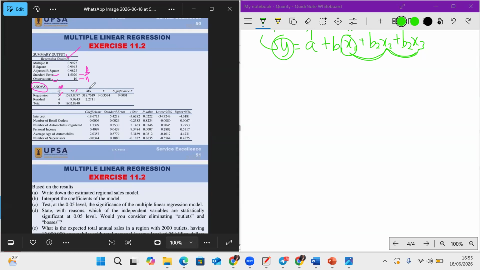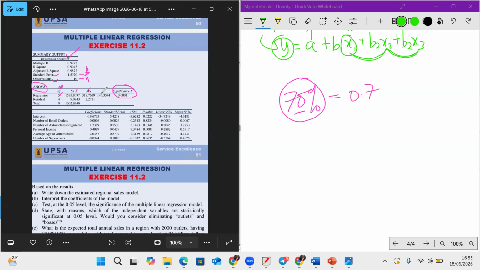Then we have SS, MS, F, and significance F. This significance F is the probability of F. When I write 70%, which is a percentage, what is the probability figure for 70%? It means what is the decimal fraction of 70%? 0.7. Do you get it?